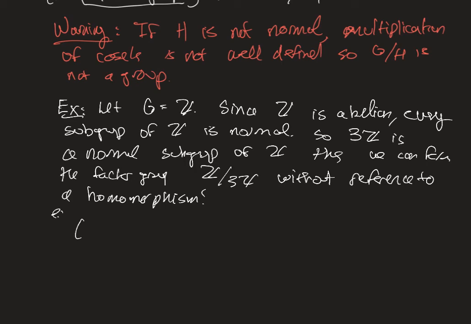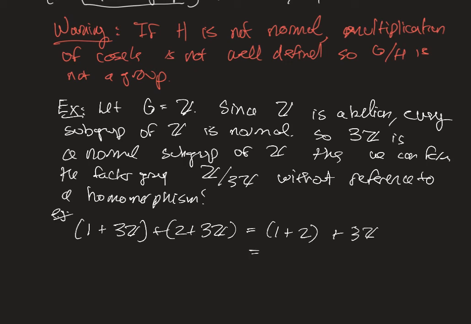And now we can do computations using the easy version. So for example, (1 plus 3Z) plus (2 plus 3Z). Well, now we know how that's going to be computed. That's combining 1 and 2 and adding that to the subgroup, which is 3 plus 3Z.